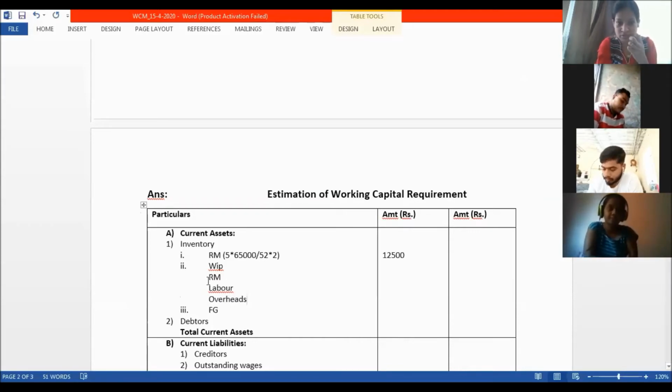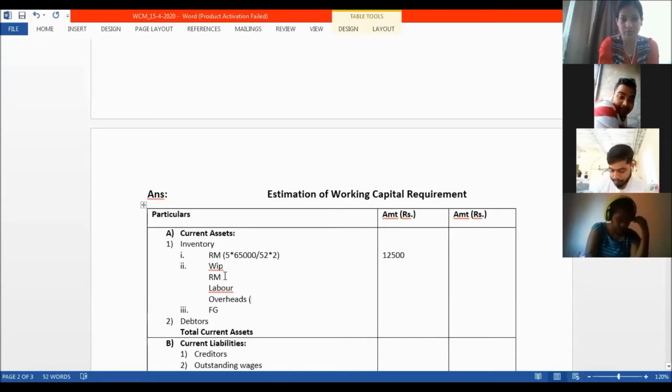Now, instead of showing the three together, we have shown them separately. The raw material cost is 5 per unit into the units produced divided by 52 weeks multiplied by the WIP holding time. That's what you can do. But with respect to labor and overheads, they have specified you have to take only 50%.